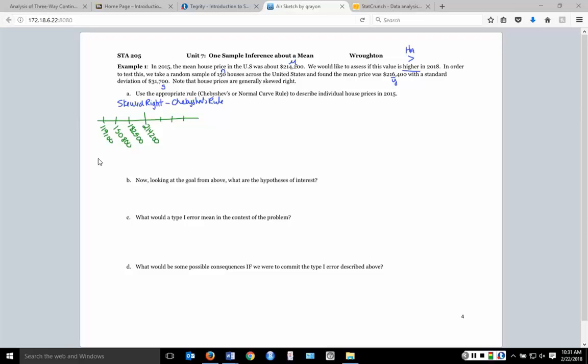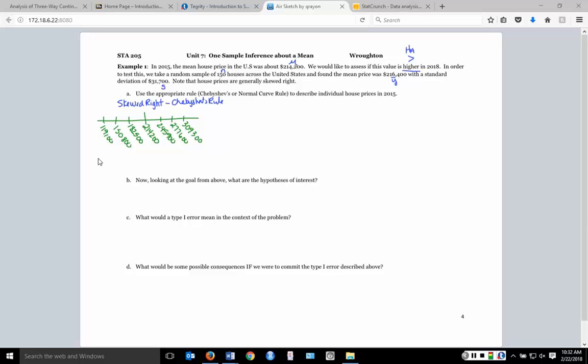Now the other direction, we're just going to be adding the $31,700. So for my first one, I get $245,900. Doing it again, we get $277,600. Doing it a third time, we get $309,300. So there's my sort of math done.